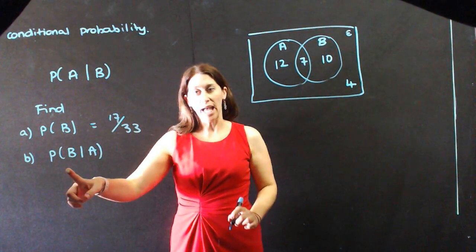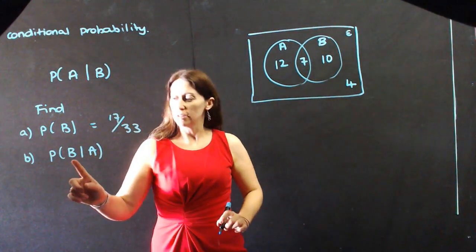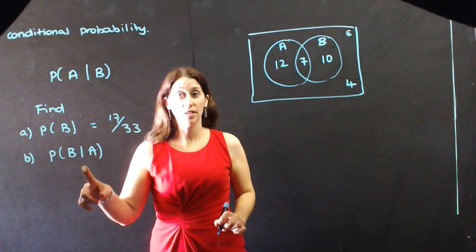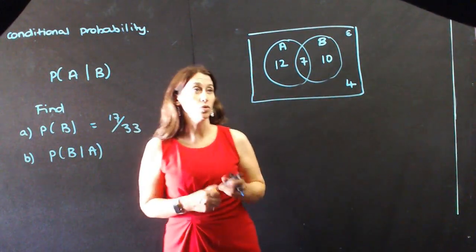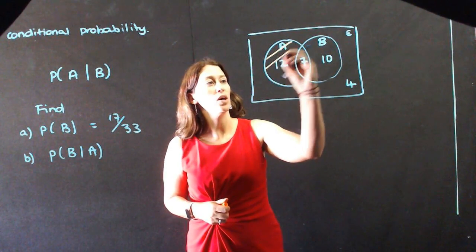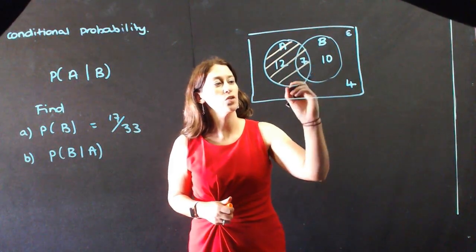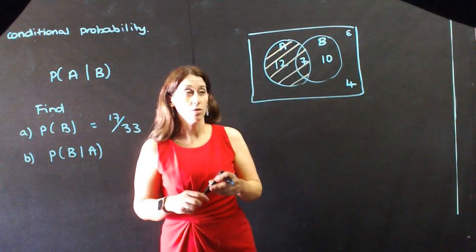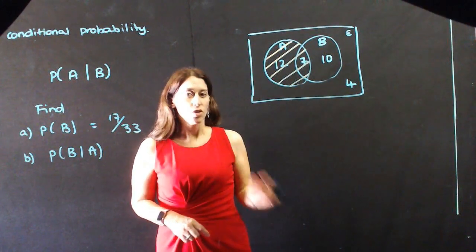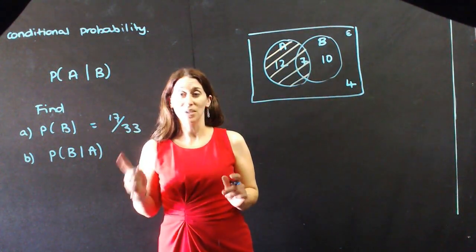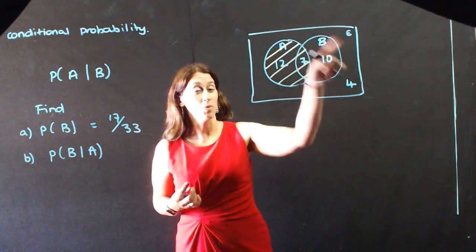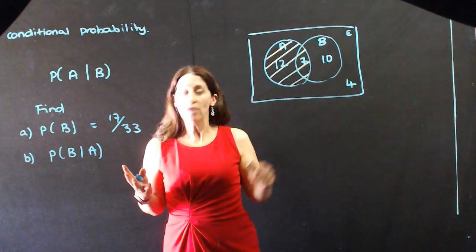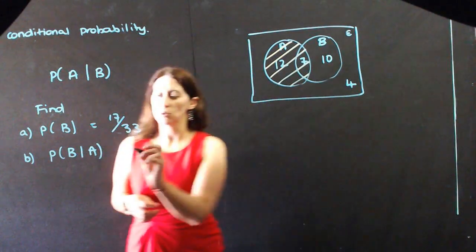Now, when we want the probability that a student likes bananas, given the fact they like apples, we're only interested in the apples. So this circle that I'm highlighting just contains all those students that already like apples. So the probability that a student likes bananas is 7, because that's within the intersection of the bananas, out of a total 19 students altogether.